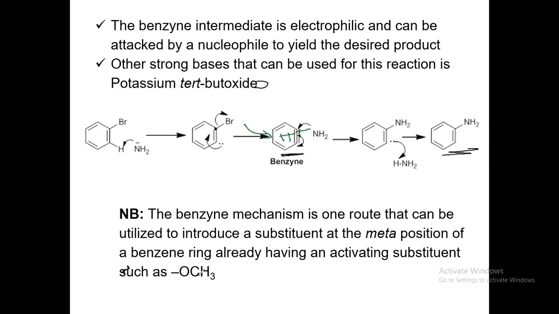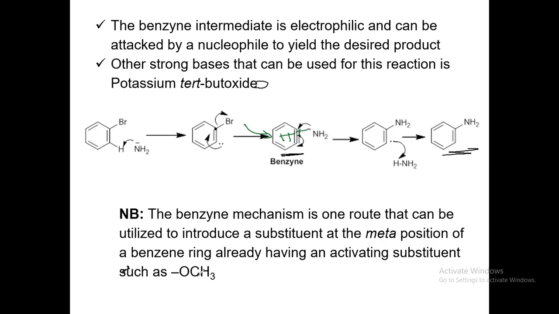So we are saying the benzyne mechanism is one route that can be utilized to introduce a substituent at the meta position of a benzene ring already having an activating substituent like the methoxy group. Now, the last point here is worth noting. That is why it has the nota bene sign, right?